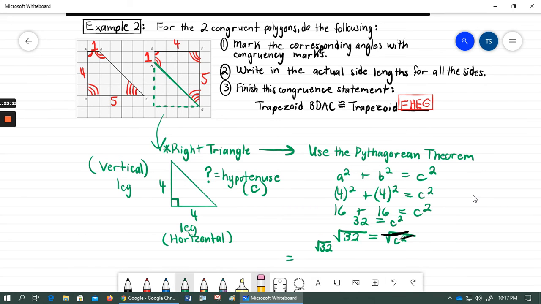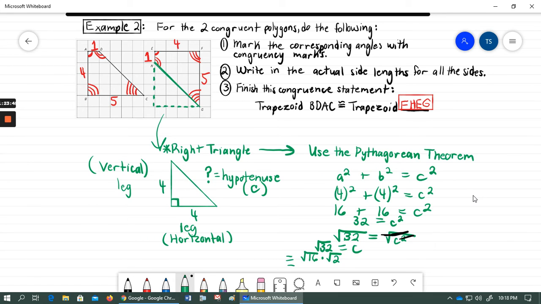If we were going to write it in its simplest radical form, we would split it up into parts where one of those factors is a perfect square.